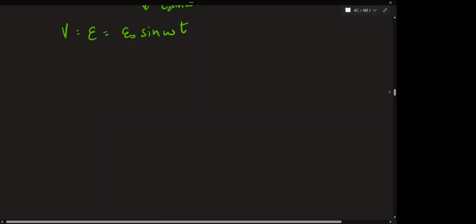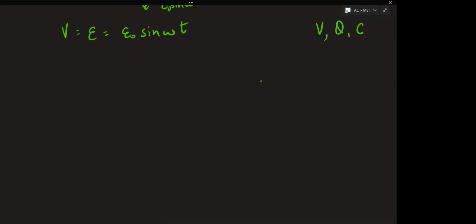There's a relation between voltage, charge, and capacitance in the formula of capacitance. Can anybody tell me a formula that connects all these three quantities: voltage, charge, and capacitance? The formula of capacitance only.